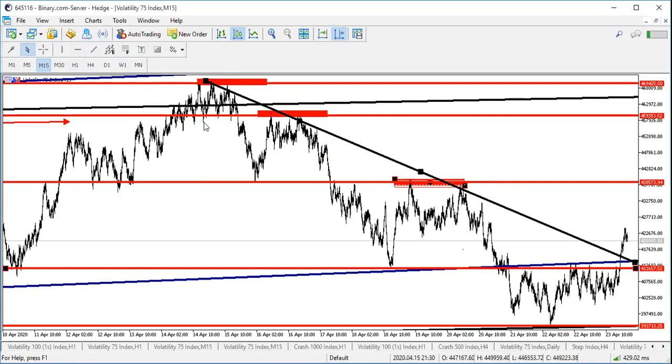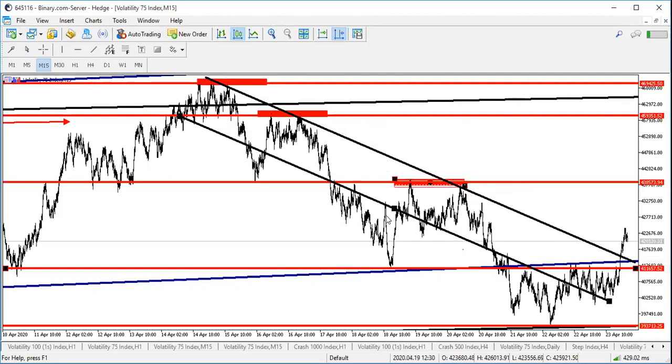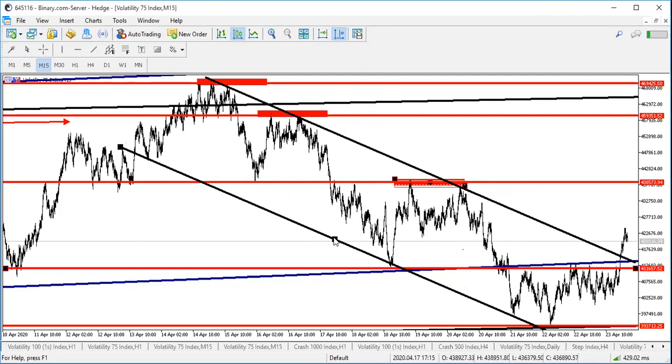As you can see, reaction here, reaction here, reaction here. Impulse, retracement, impulse, retracement, impulse, break of the retracement. So there goes my flag.